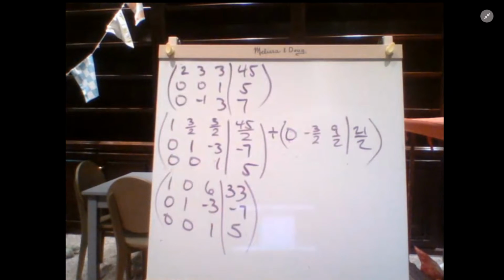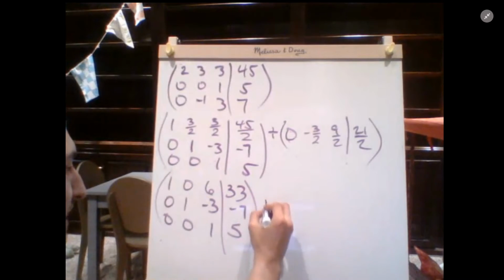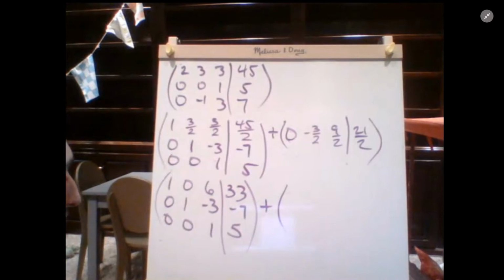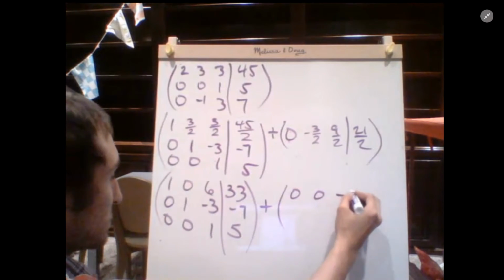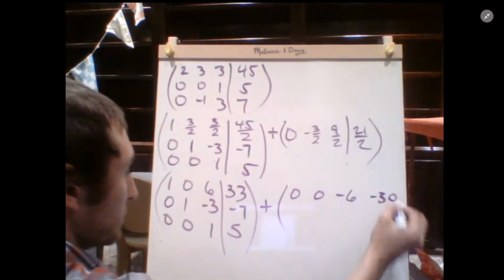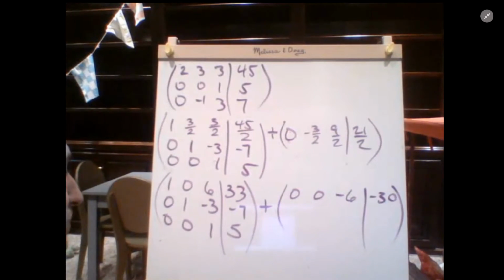Right, so now the only thing we need to do is eliminate these pieces so we can have the identity matrix. We need those to be zeros. So we're going to take the third row and add multiples of that to the first and second row. So we're going to be multiplying the bottom line by -6 here. And then we're going to take the third line and multiply it by +3.